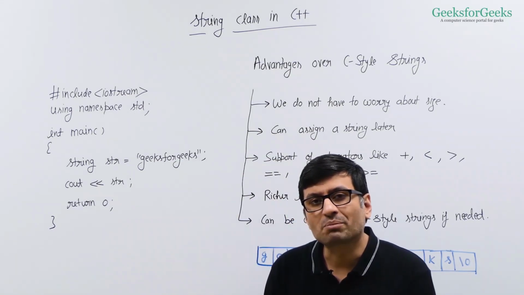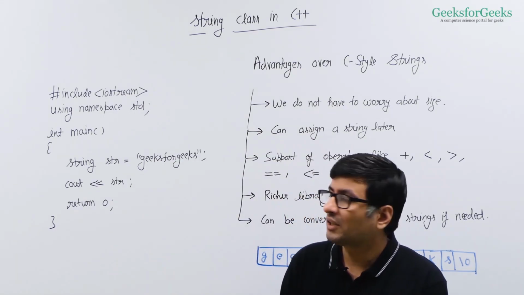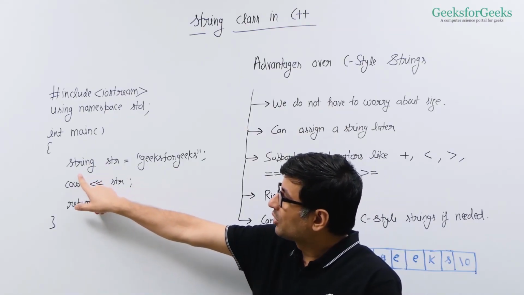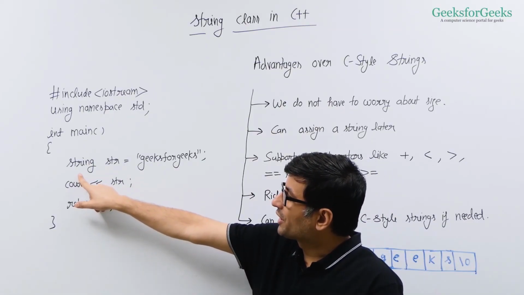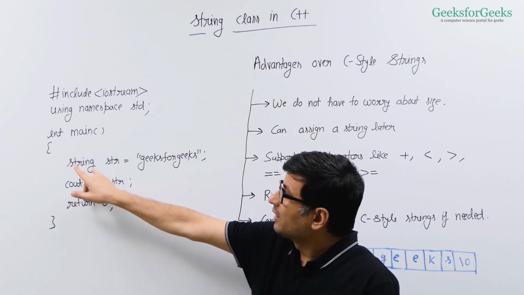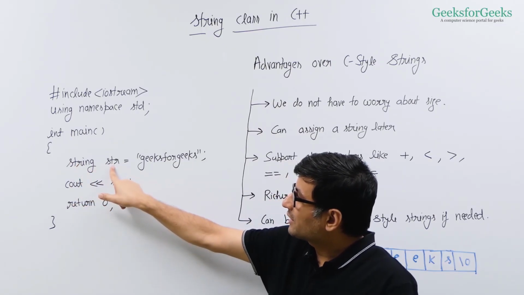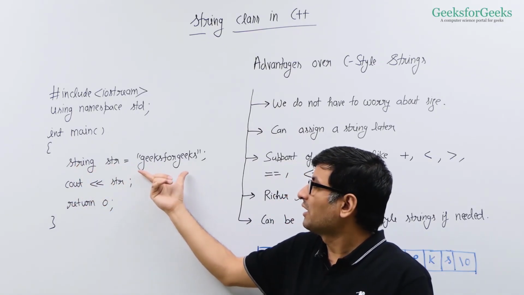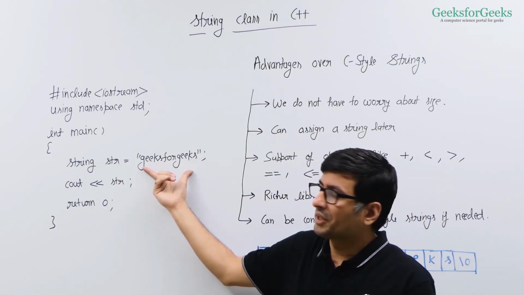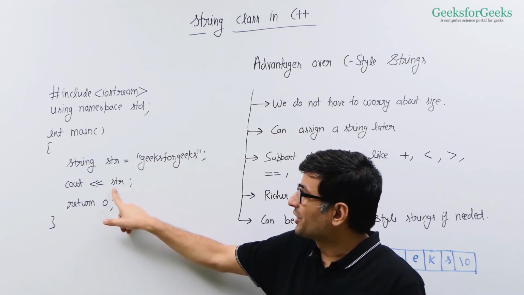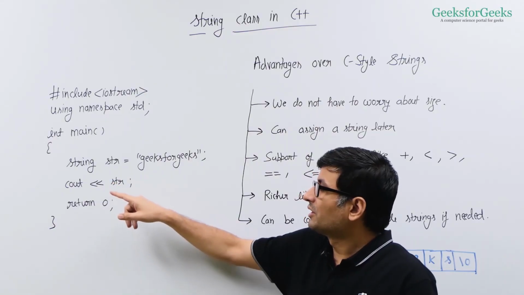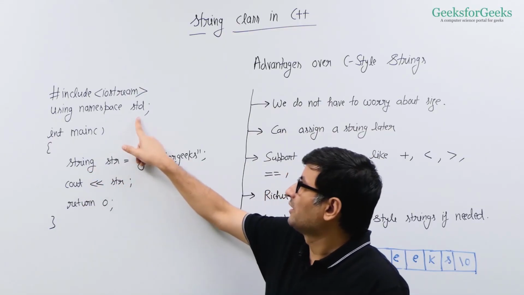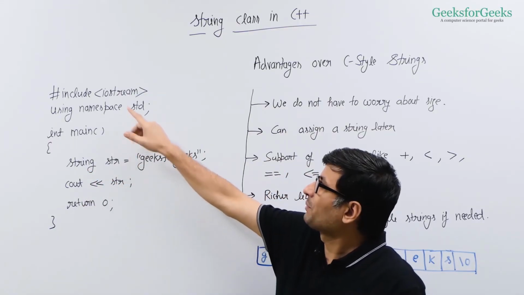Here is first example of C++ style string. We have created a string. To create a C++ style string, we create the string class. We create a variable of this class, and then we assign this string to this variable. And then we print this variable using cout. This string class is present in std namespace and it's part of IOStream.